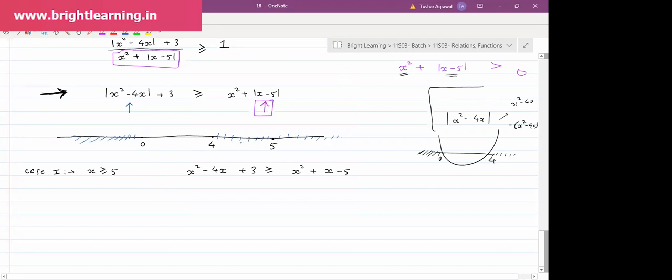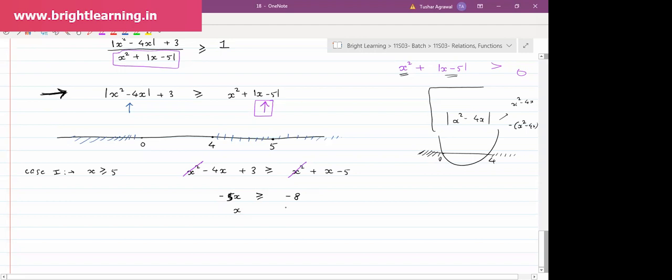So that only I did, since I'm taking x greater than or equal to 5. That is already in the blue interval. In the blue interval, x square minus 4x will be the mod value, plus 3 greater than or equal to x square plus x minus 5. This will get cancelled. Now it's a simple inequality. Minus 5x greater than or equal to negative 8.